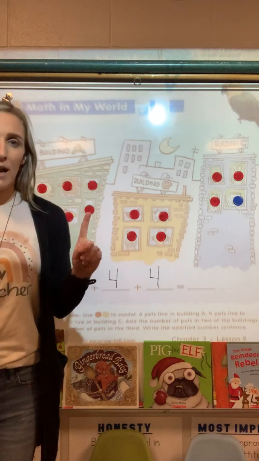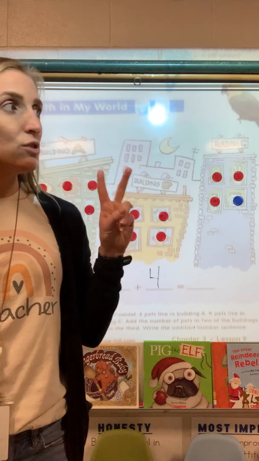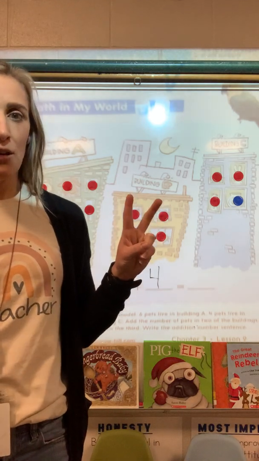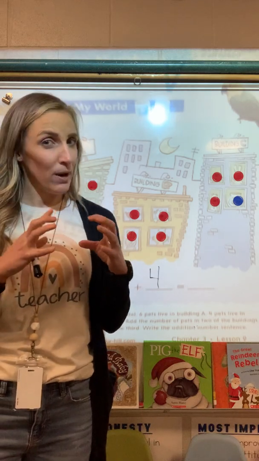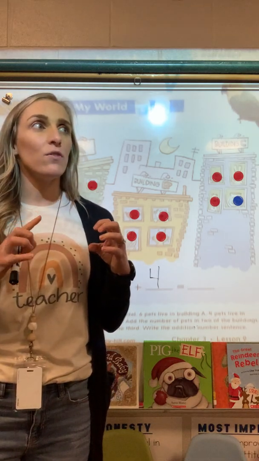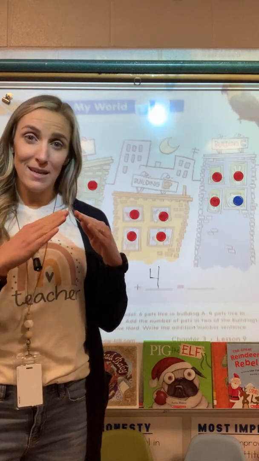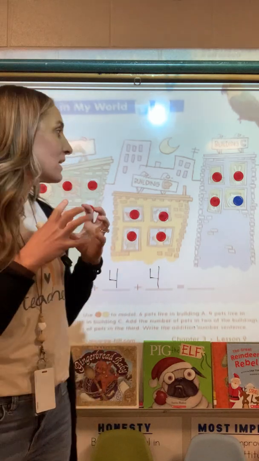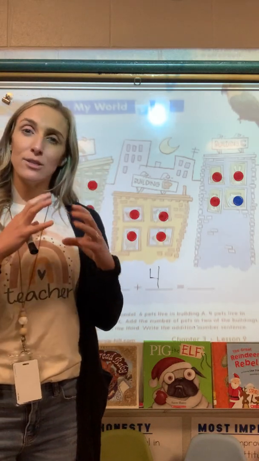The first step when adding 3 numbers is you have to choose 2 numbers to add first. Okay, and I like to always look for a special group of numbers. I either want to look for numbers that when you add together make 10, because that will make it easier to add the last number on, or 2 numbers that are easier to add up.